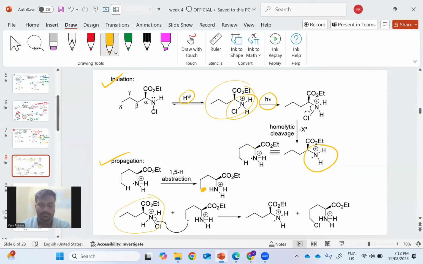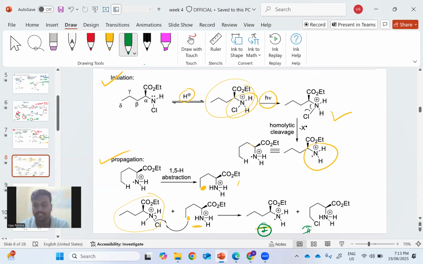The chlorine propagates: this chloride salt and the earlier radical product combine to form again this active intermediate that I have shown earlier. So it forms two intermediates. So you can see this is intermediate one and this is intermediate two in this case.